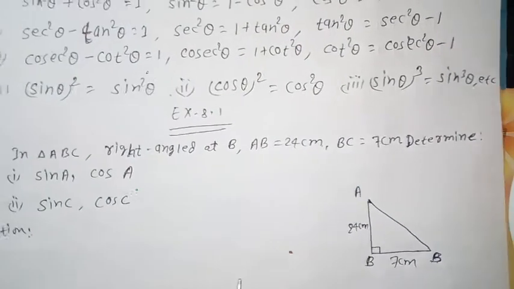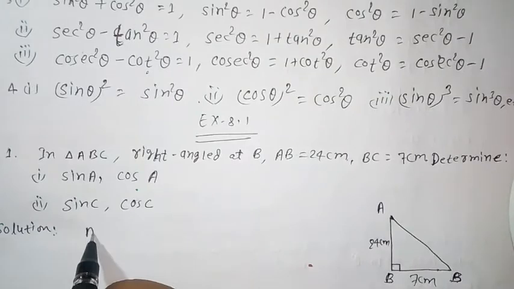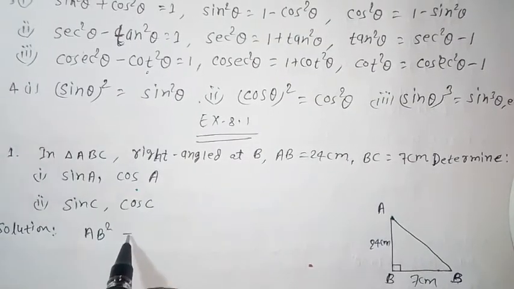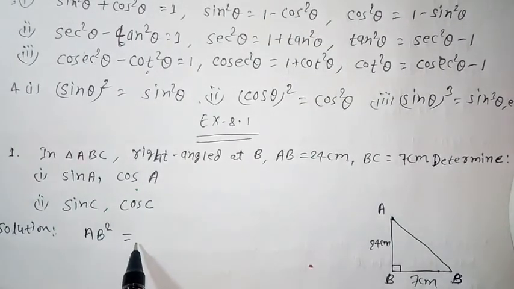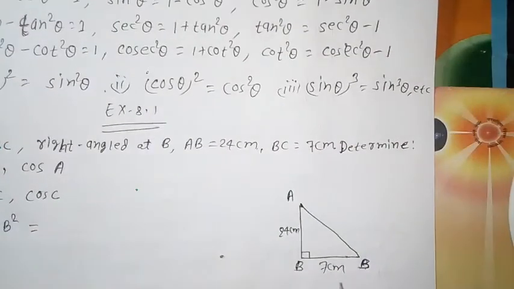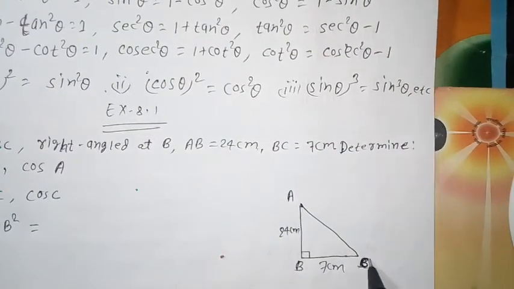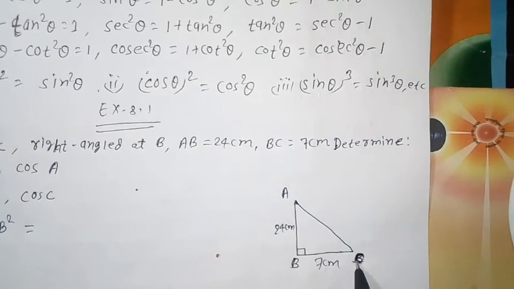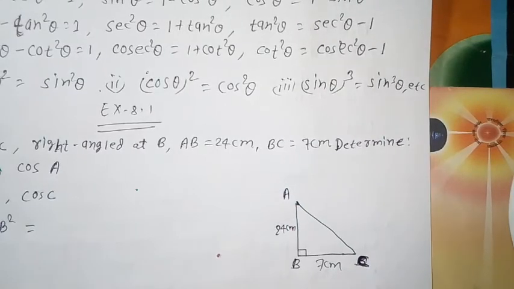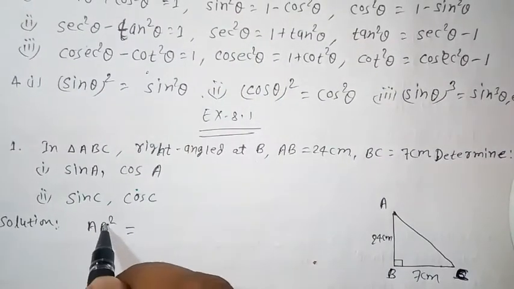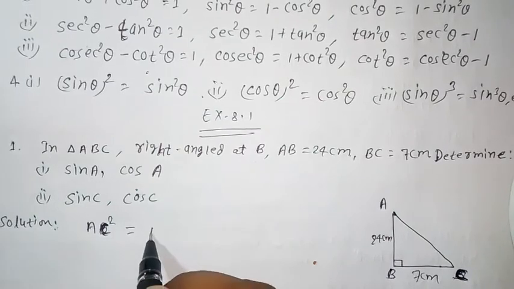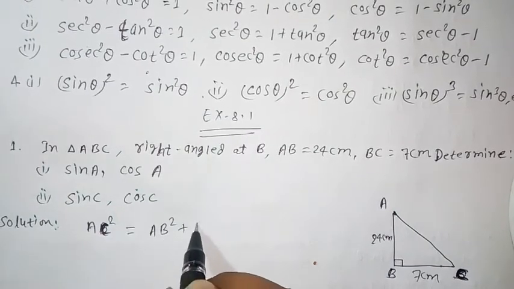Okay. So according to Pythagoras theorem, AC square is equal to AB square plus BC square.